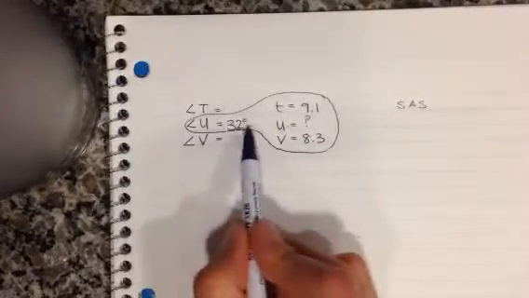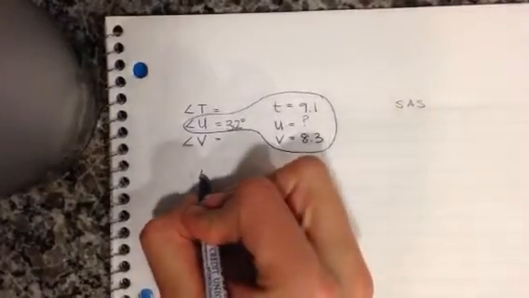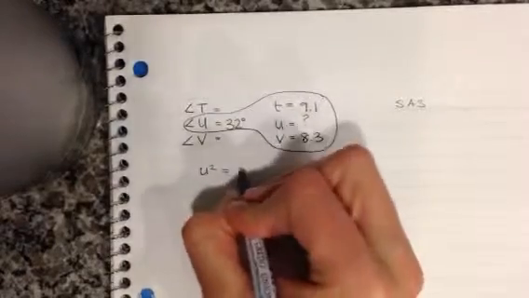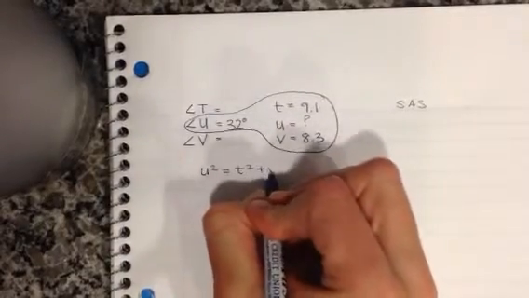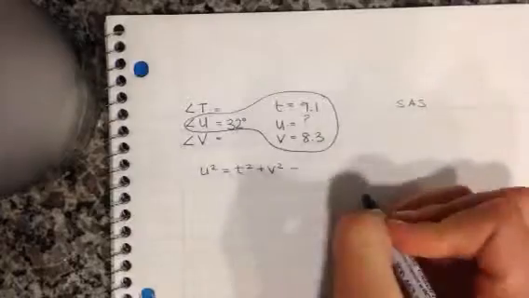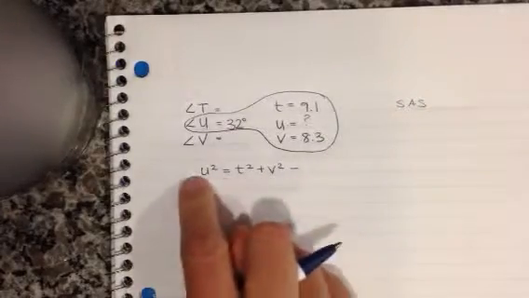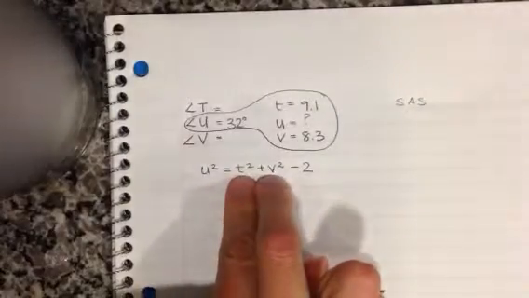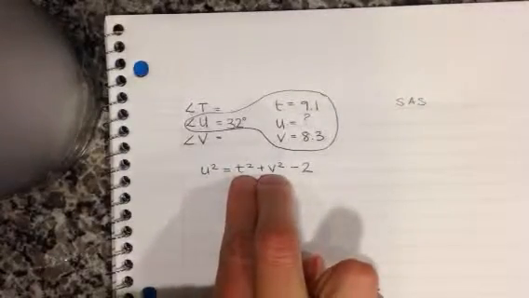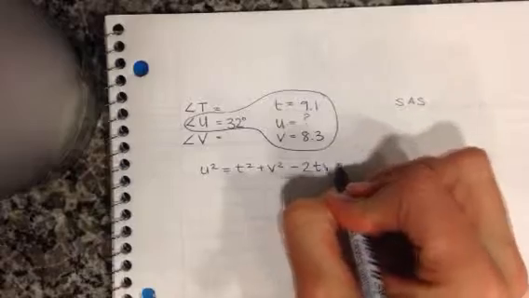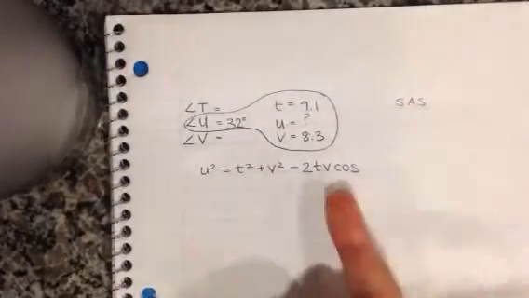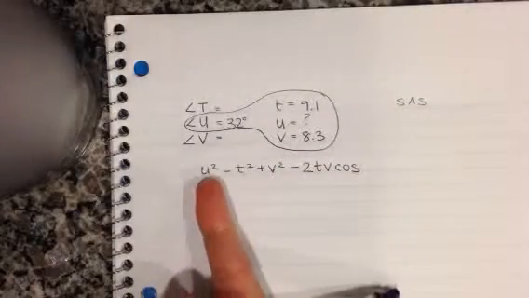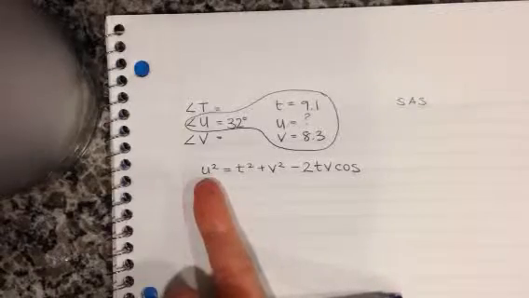Because the U is across from the side I'm looking for, I'm going to use U squared equals T squared plus V squared minus, so this is that Pythagorean theorem part, minus 2 times T times V times the cosine of the angle that matches up with the side that's over here. So that's U.